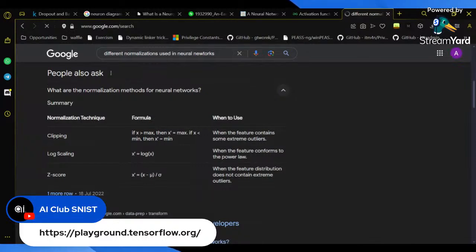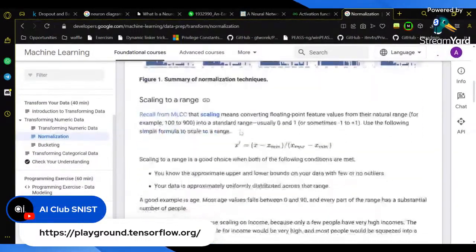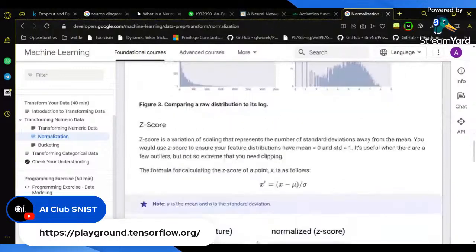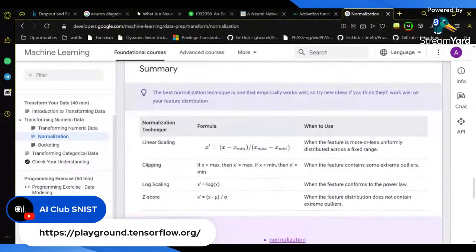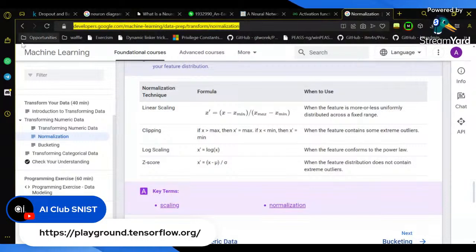By default we use batch normalization, and log scaling, Z score. And of course, linear scaling. We subtract the minimum value, and then whatever the difference is between max and min, we divide by that difference. I'll just send this link.